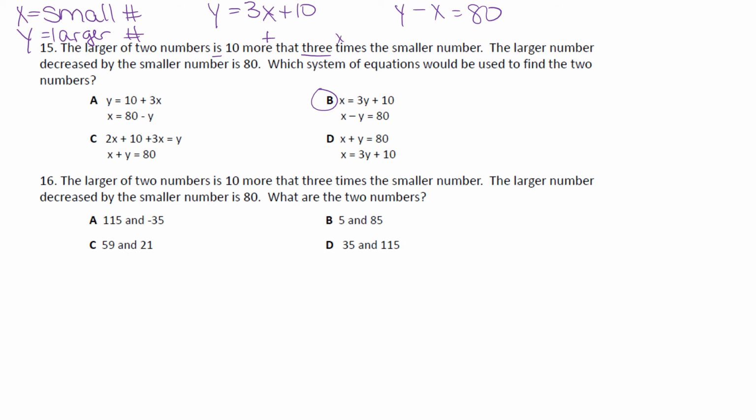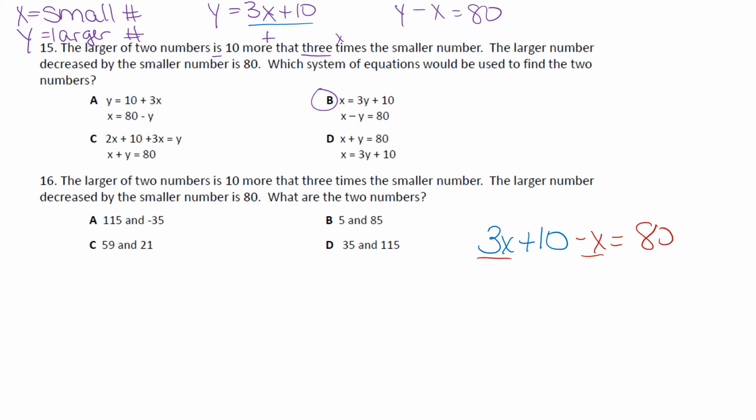Number 16, you are solving this system of equations to find those two numbers. So again, we have a y equals, so that lets us have an easy way to solve this system. So y equals 3x plus 10 is going to be substituted into our equation. So 3x plus 10, and then minus y equals 80.